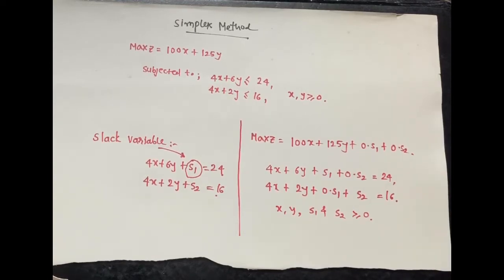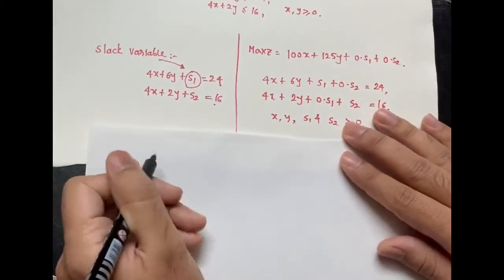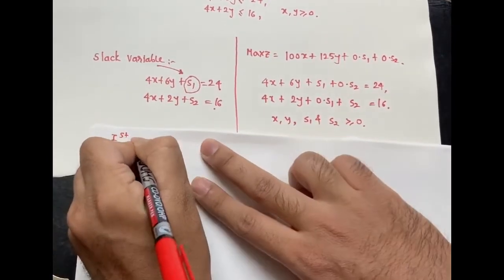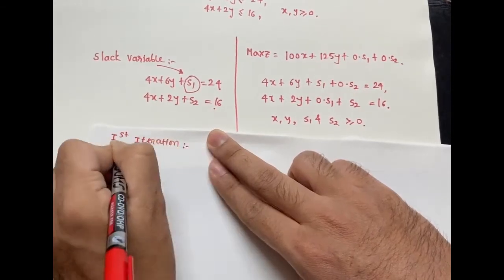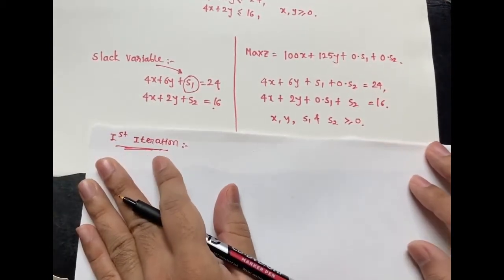Now moving forward, hereafter our simplex algorithm starts, and the simplex method is an iterative method, meaning a number of iterations are required to be performed. So here I am beginning with the first iteration. How to start the iterative process?